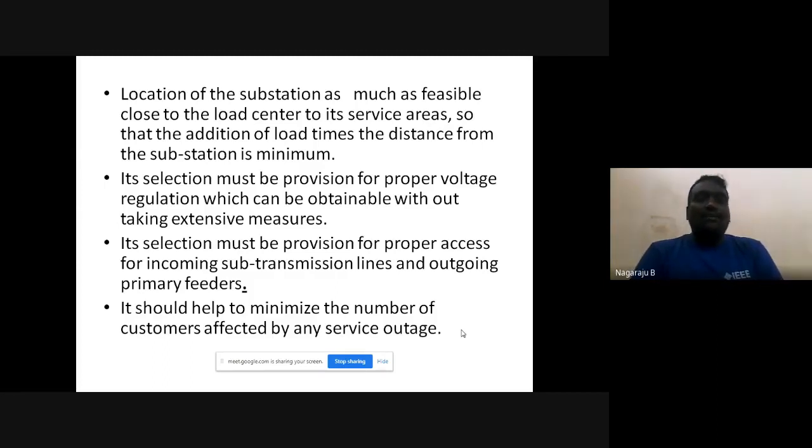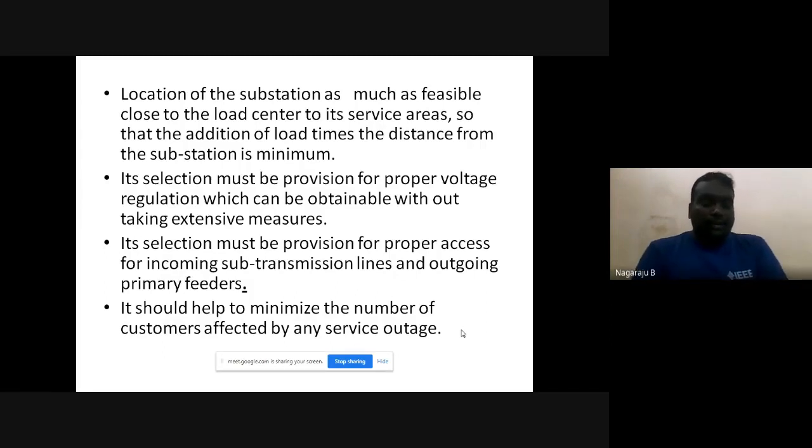If you know the center point, the distances to cover all the loads are equal, and if more load requires, you can give more power also.